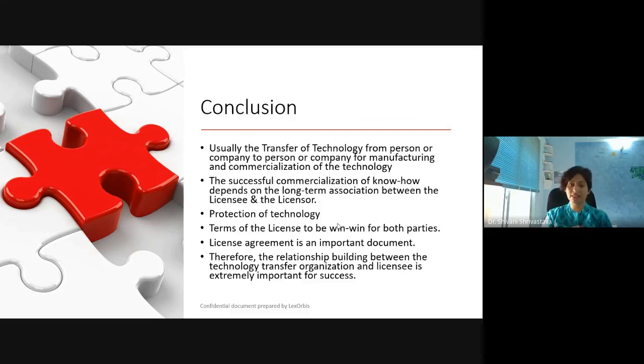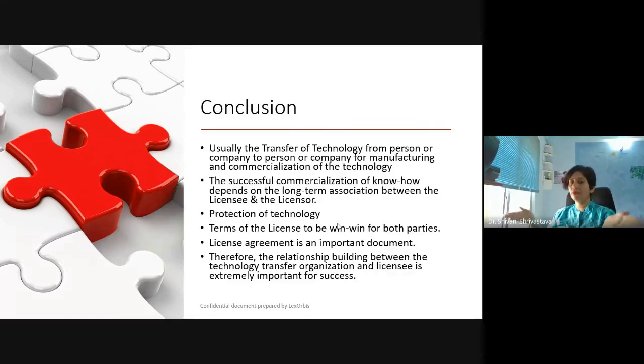And the license agreement is an important document, because it explains the obligations, the kind of license, the duties associated with the license, and what the royalty or fee would be. Therefore, relationship building between the technology transfer organization and the licensee is extremely important for success. Because one person has worked on the technology. The licensor is the master of the technology, and the licensee knows about the market.